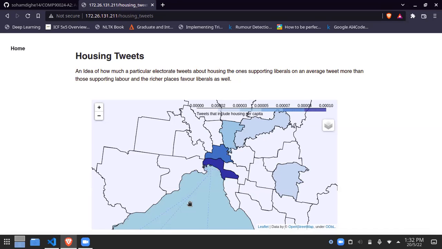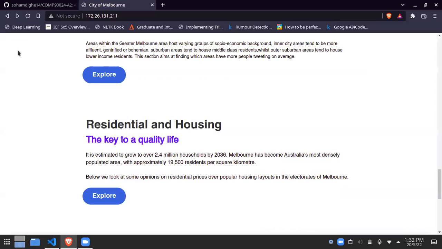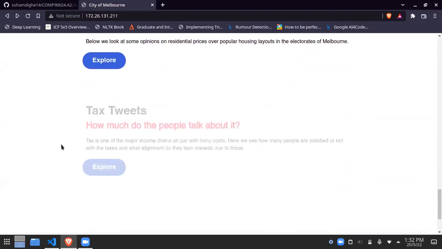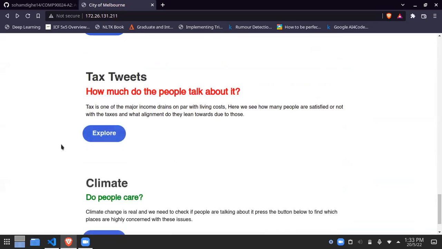As the city spreads out, the number of people tweeting about housing is less because there probably aren't as many people or there's enough space. But in the heart of the city, a lot of people are talking about the places because housing is a major issue out here, which correlates well with what we already know about Melbourne.